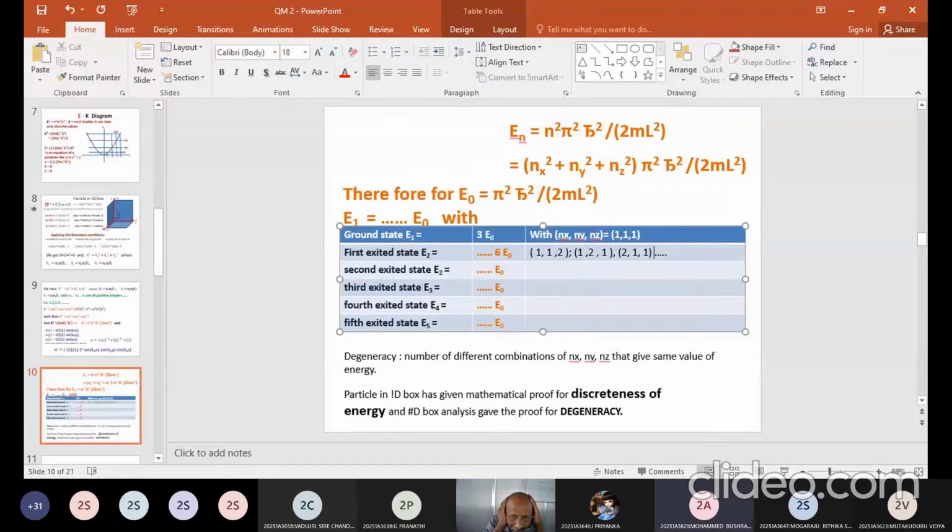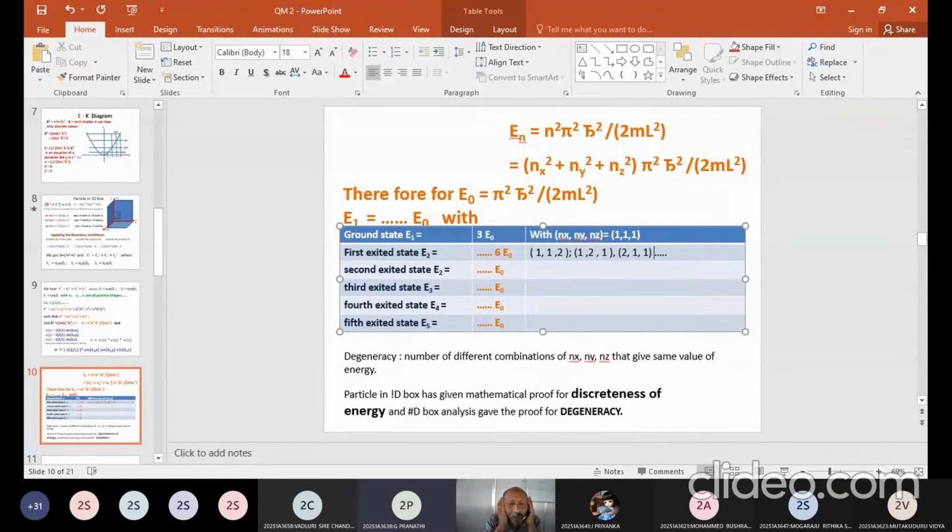So what's the energy? 9 E naught. In how many ways can you arrange it? 3 ways. Again, the second excited state is also degenerate by 3. That implies it has got 3 degenerate energy levels.